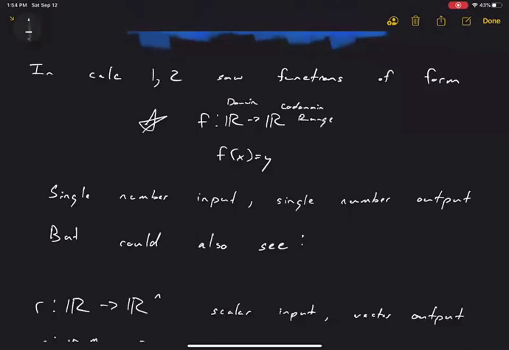There's a bit of a distinction there, but it's not important. And we can think of this as the output. So what this is saying is our domain here is all real numbers, and our output is somewhere in the real numbers as well. And we often wrote f(x) = y, right? So that was our independent variable and dependent variable, in other words, our input and our output. So if you look past the fancy words, this is what we're used to.